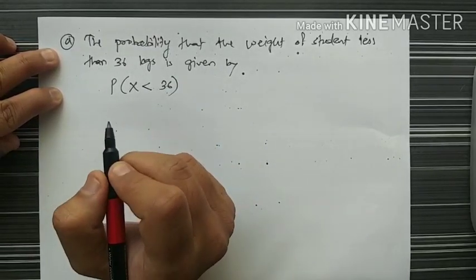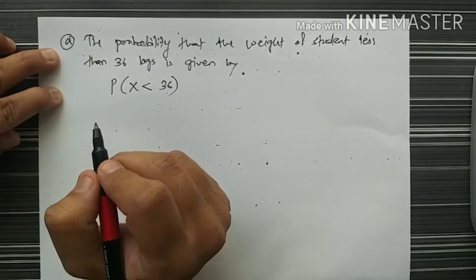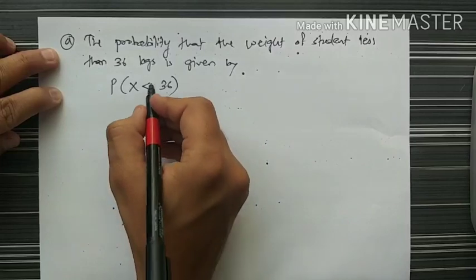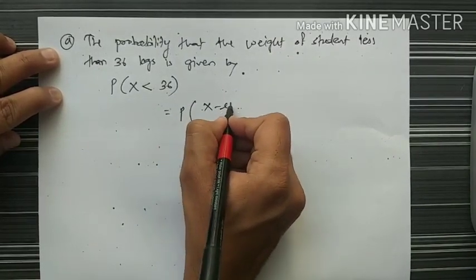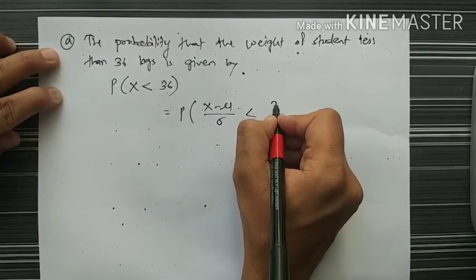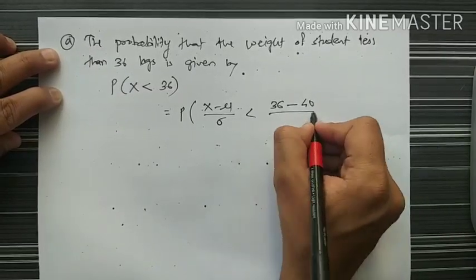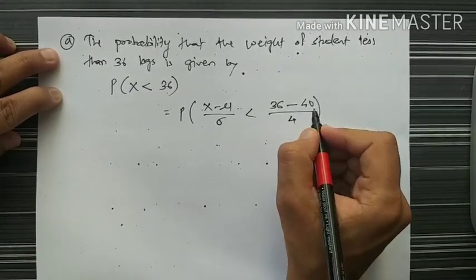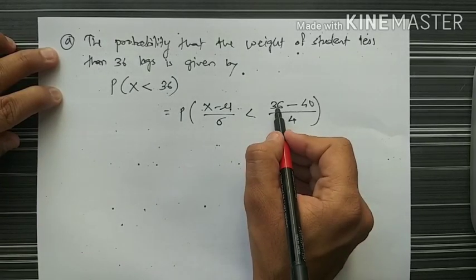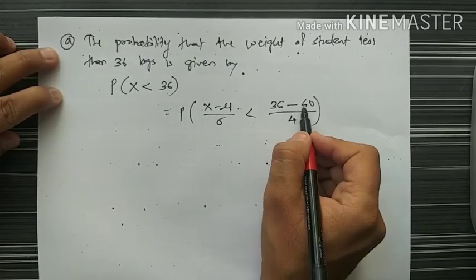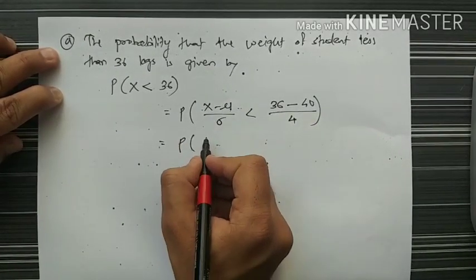As the area is given in terms of the standard normal variable Z, we transform X to Z. This probability can be written as (X minus mu) upon sigma less than (36 minus 40) divided by 4.